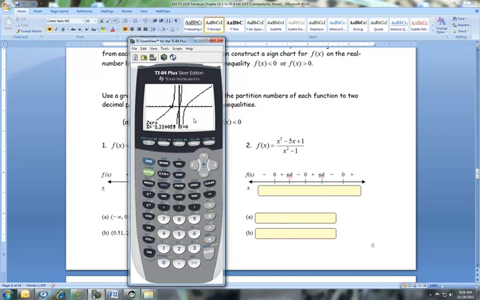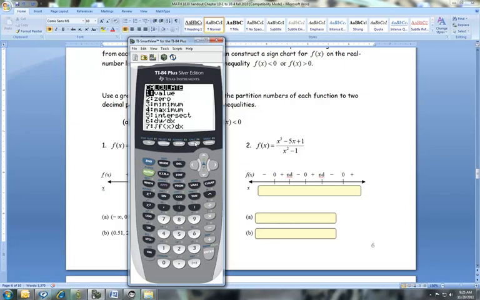Let's find the middle 0, that one right there. Second trace for the calc menu, it's between negative 1 and 1, and I don't guess. So this one should be 0.20. Let's go get this last 0.